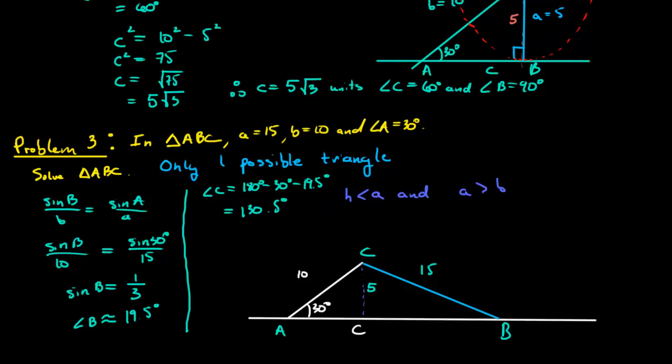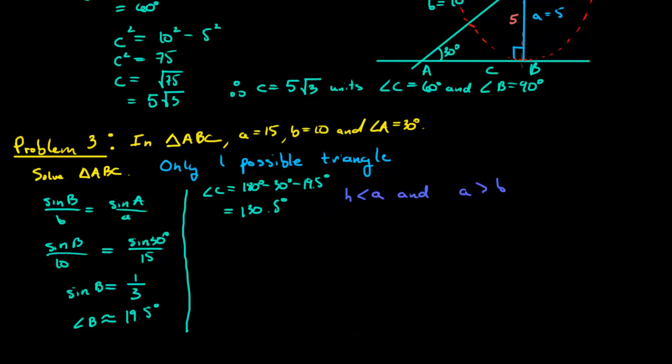I'm just going to erase this diagram that I had drawn here to clear some space. So to figure out what side C is, we know that side C divided by sine of C is equal to side A divided by sine of A. So C over sine of 130.5 degrees is equal to A, which is 15, over sine 30.